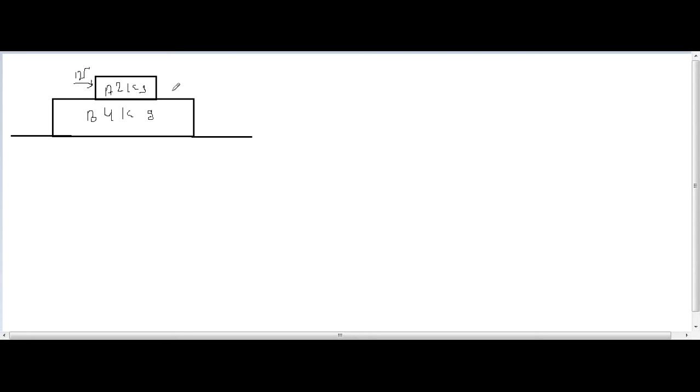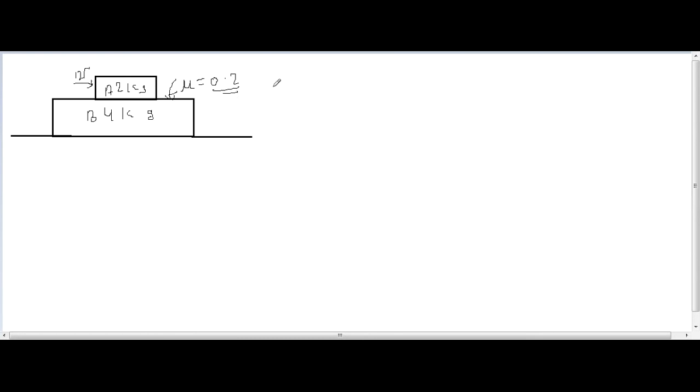Okay guys, if we forget about the friction force, here mu is equal to 0.2. If we forget about friction force, then the direction of motion of individual block A and individual block B will not change.